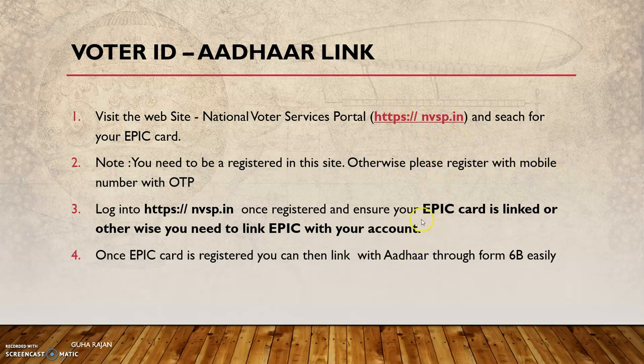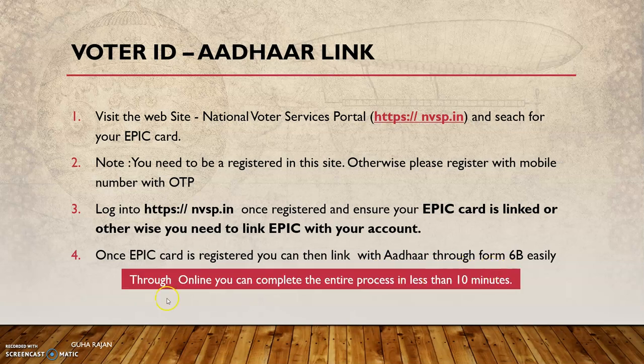So do that, and then finally you can link up your Aadhaar through form 6B. Online, you can complete the entire process in about 10 minutes. It might take a little longer as well. So we will see step by step now.